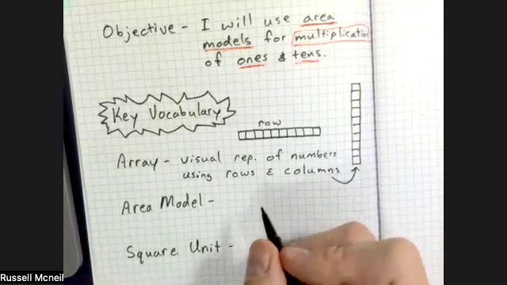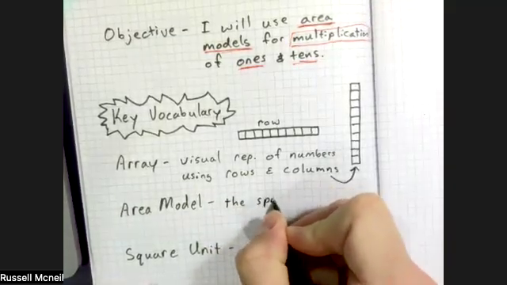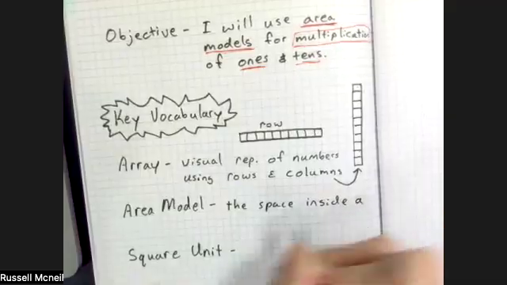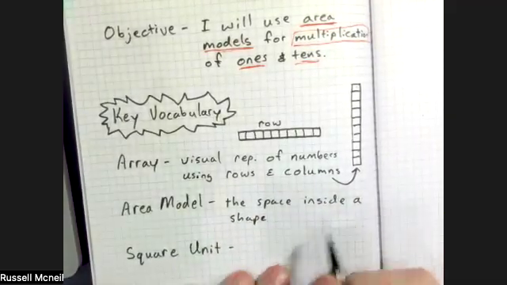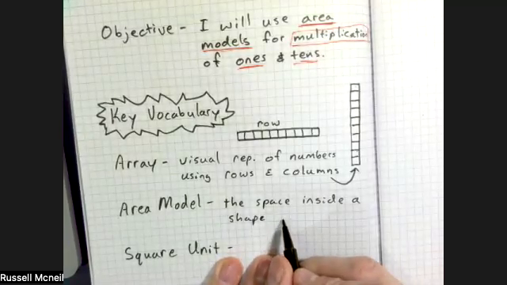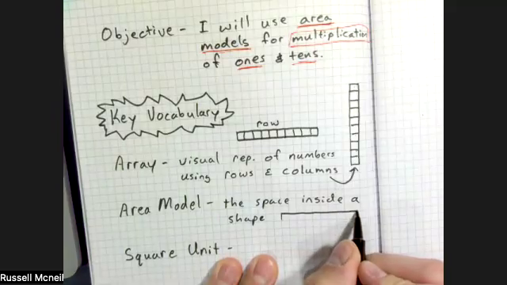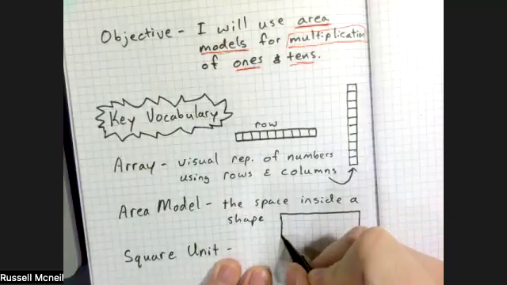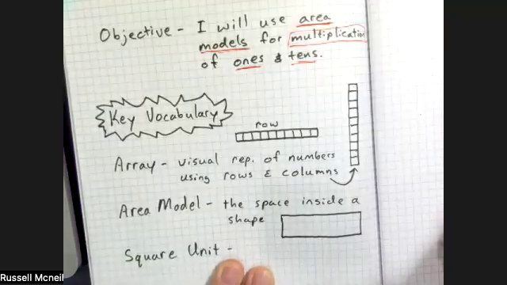The definition of area is the space inside a shape. For this, I've got length and width.